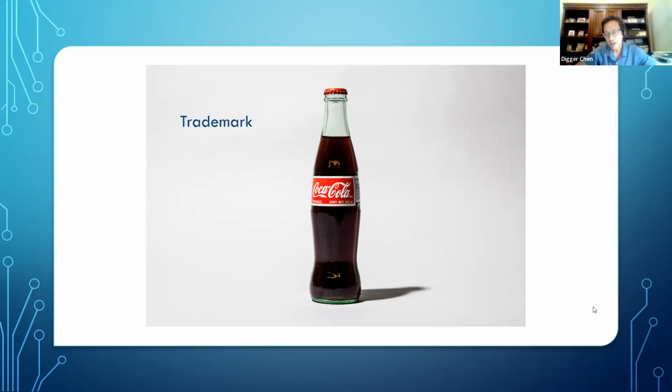Certainly Coca-Cola has a lot, like Coke and many other trademarks. Other people cannot put some kind of liquid in a bottle, put the Coca-Cola name on it, and sell it. That's called infringement of Coca-Cola's trademark.